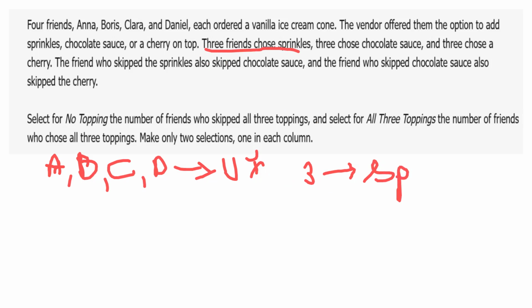Now, three chose chocolate sauce. And finally, three chose cherry on top.